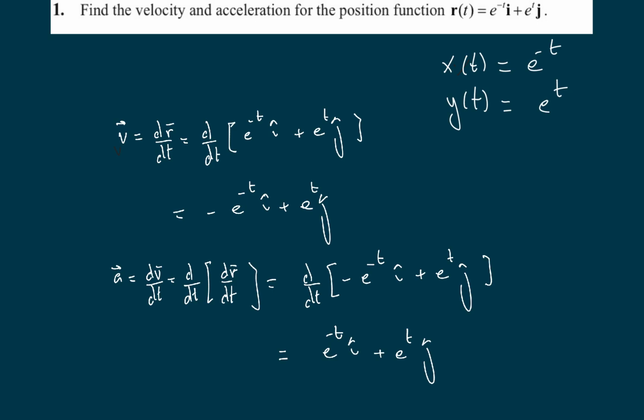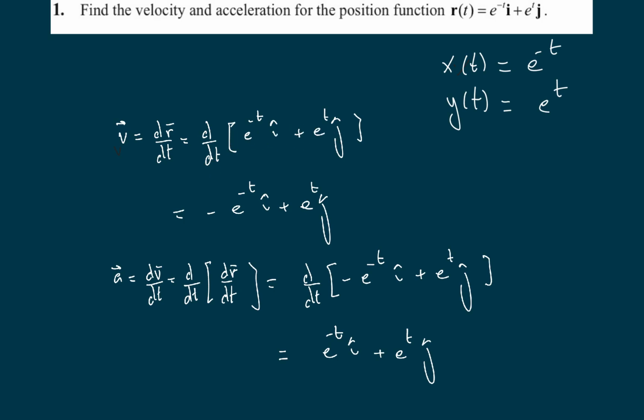So it says find the vector velocity, and we can find also the speed if you want. The speed is just the magnitude of the vector velocity. The vector velocity is the derivative with respect to t of the vector position.